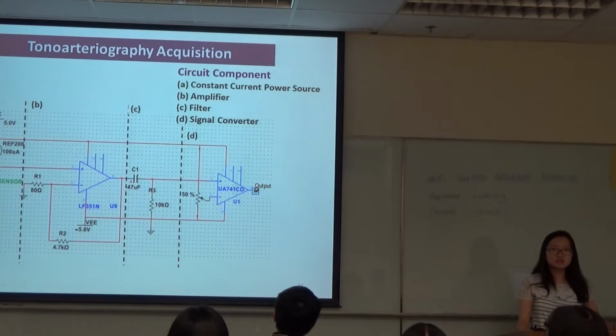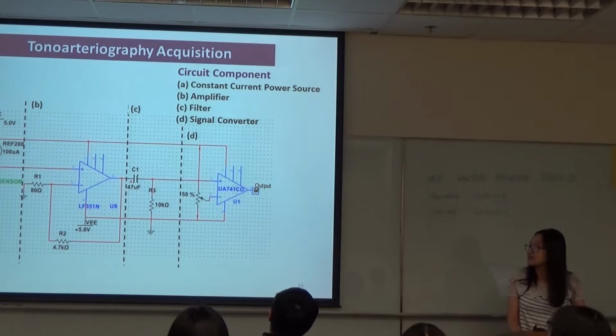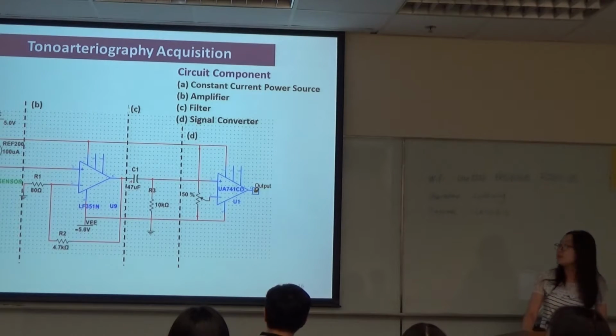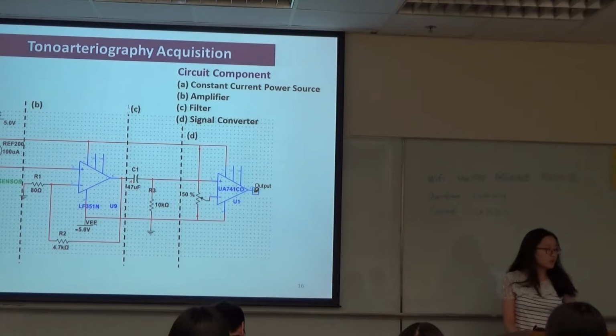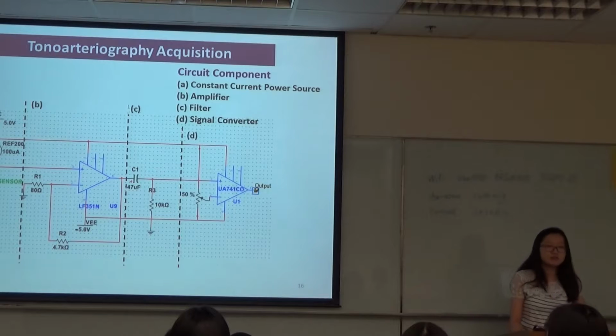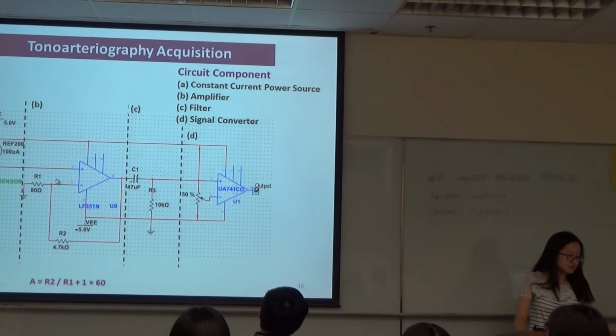Then we can measure the voltage change of the sensor, which reflects the different pressure that the sensor senses. Because the TAG signal is usually no more than 80 millivolts, it's too weak for us to detect directly. So we use the LS351 as a single-ended amplifier. Its gain is determined by R1 and R2 and is about 60.